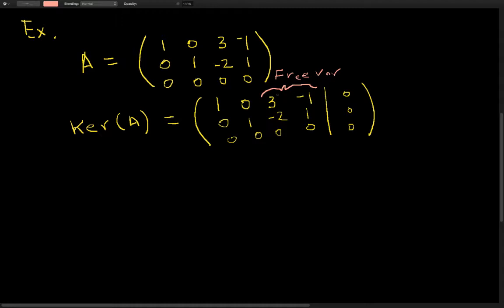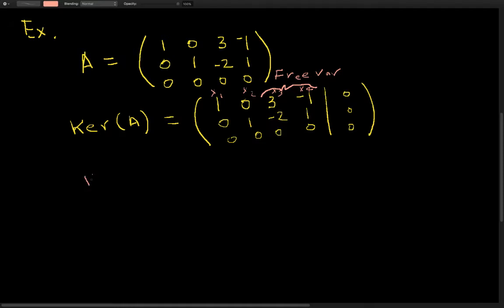The reason that they're free variables is because they don't have a leading one. These ones are often called pivots, or just rows with leading ones. These variables don't have leading ones. So we can now write this out. We can label this x1, this is x2, this is x3, and this is x4 over here.